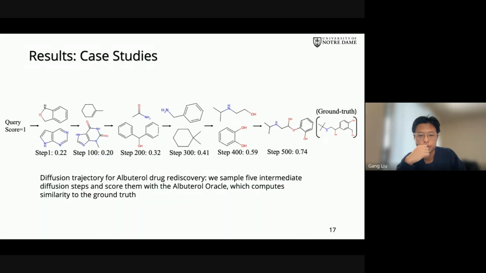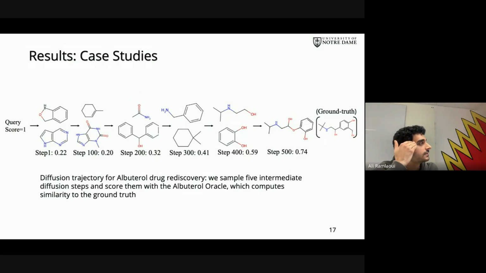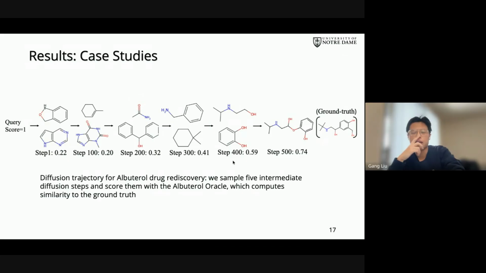So here, the ground truth is something that's in the data set, or how do you know that's the ground truth for the score? Yeah. Because this task is defined on this structure. This task is called drug rediscovery, so the ground truth is the drug. This is a drug structure. Someone defined this task like, can you optimize this drug structure with some additional constraints?